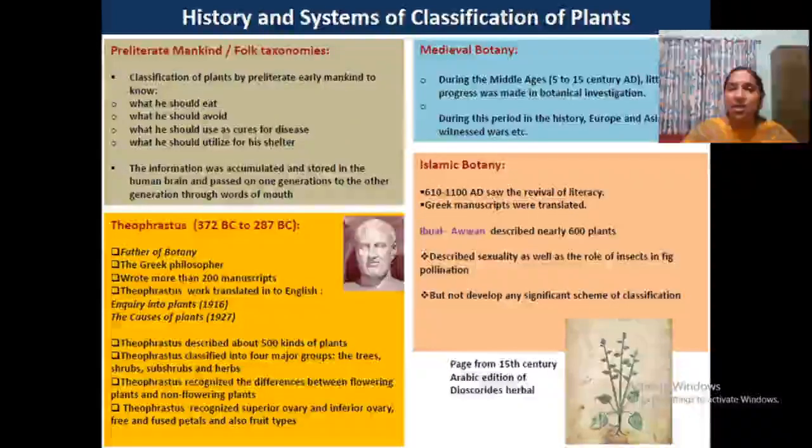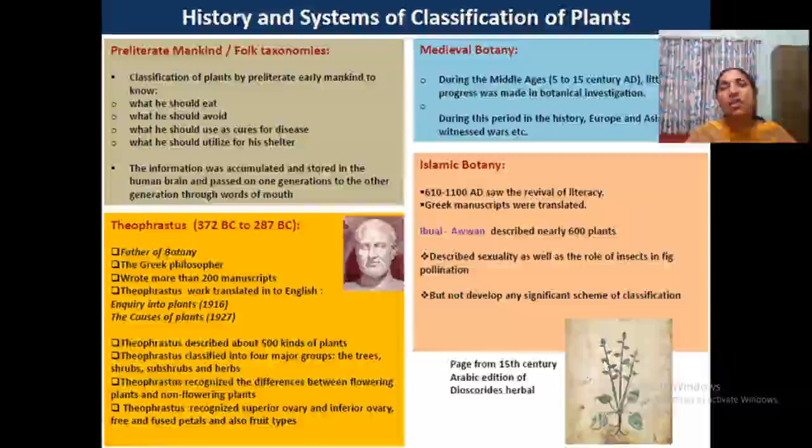Then there is another era, that is Islamic botany, 610 to 1100 AD. That is the revival of literacy in that period. Greek manuscripts were translated, and Ibn Awwam described 600 plants. You can see one picture here. This is from the 15th century, an Arabic edition of Dioscorides.